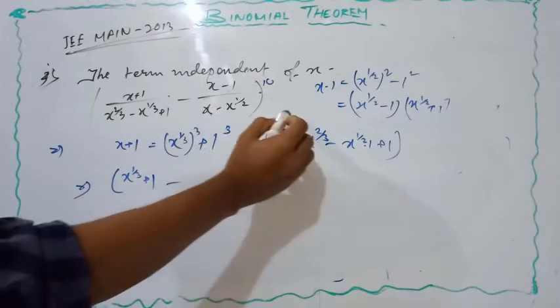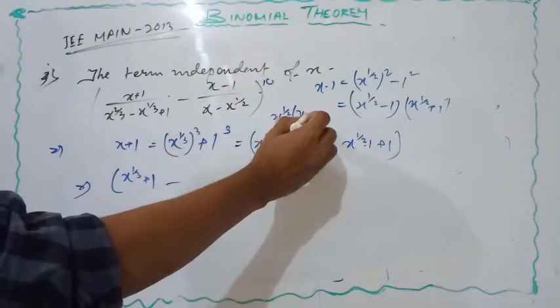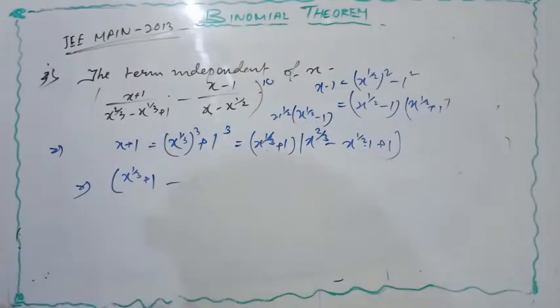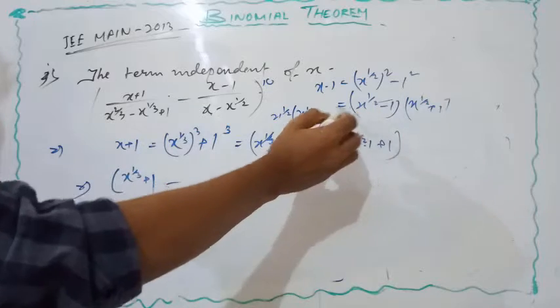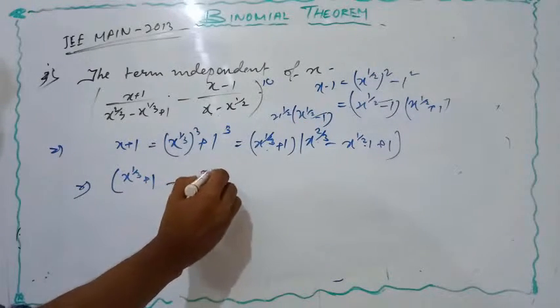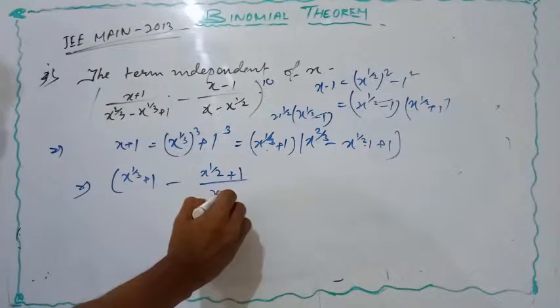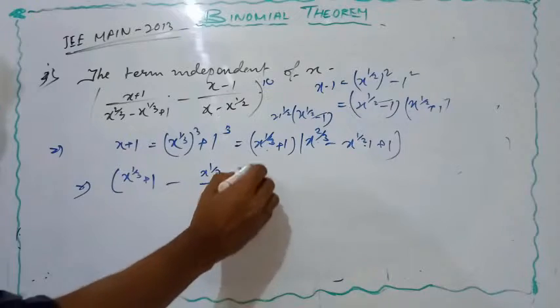And if you take x to the 1 by 2 common from this, then we are getting x to the 1 by 2 minus 1. So this x to the 1 by 2 and this will get cancelled out. So what will be the remaining term? x to the 1 by 2 plus 1 by x to the 1 by 2, whole to the power 10.